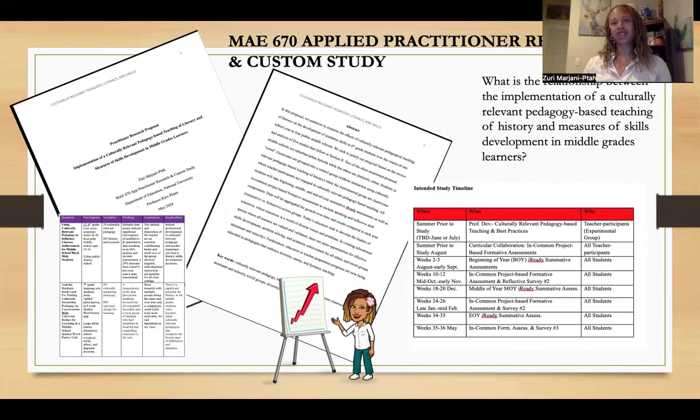And so my question, I shifted from what is the relationship between implementation of a culturally relevant pedagogy-based teaching of history and measures of skills development in middle grade learners. I actually changed that to the teaching of literacy. It was easier to find information on literacy. I read lots and lots and lots of articles, but literacy is taught in history, so I shifted that way.